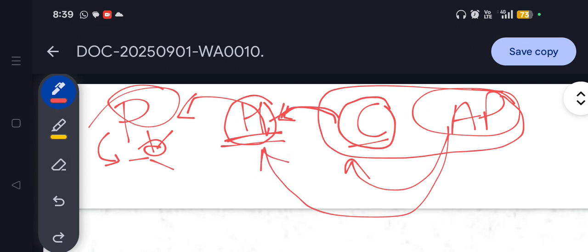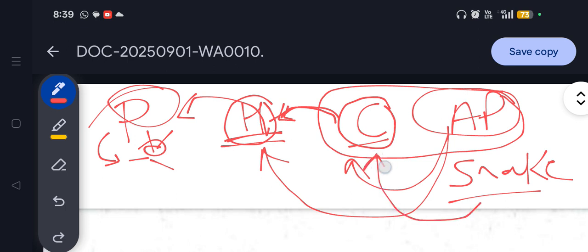For example, one of the apex predators in the reptile category is the snake, for example the king cobra. The king cobra eats other carnivorous snakes also, right? And they also eat herbivorous animals, like rats. Okay, so there are different categories of apex predators among the different species of animals.